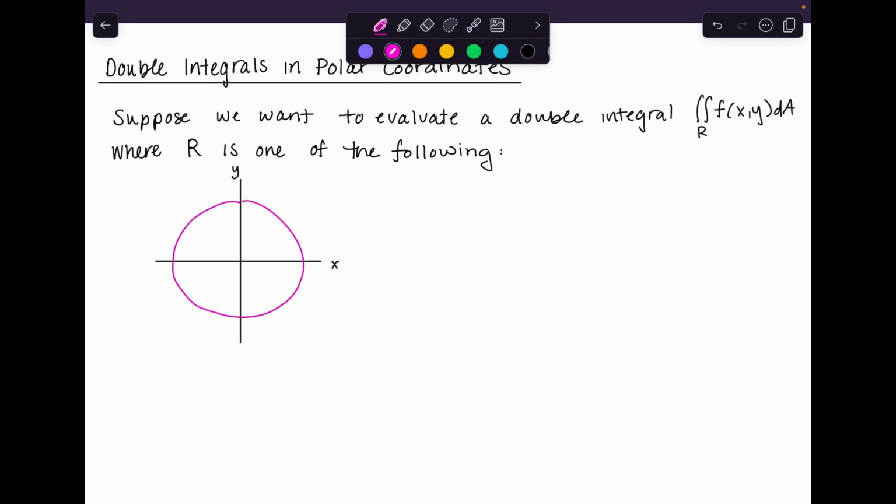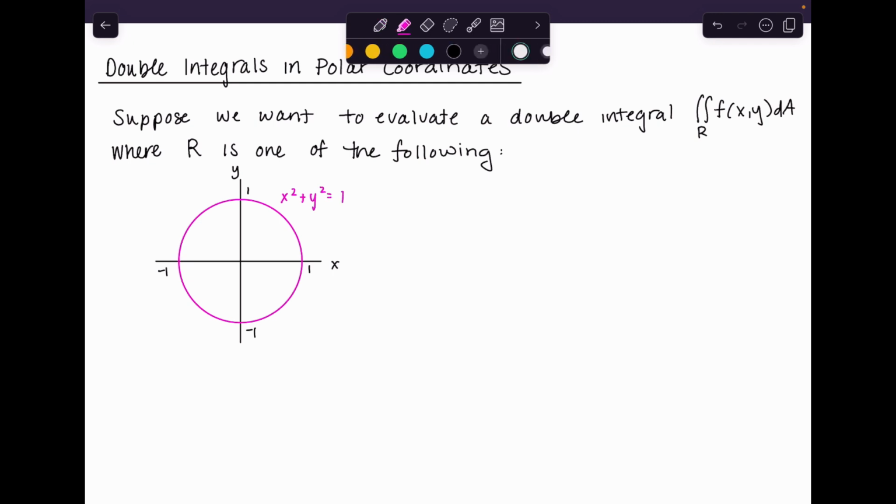Let's suppose we've got our circle here, and it goes out a distance of 1 in every direction. So this would be x squared plus y squared equals 1.